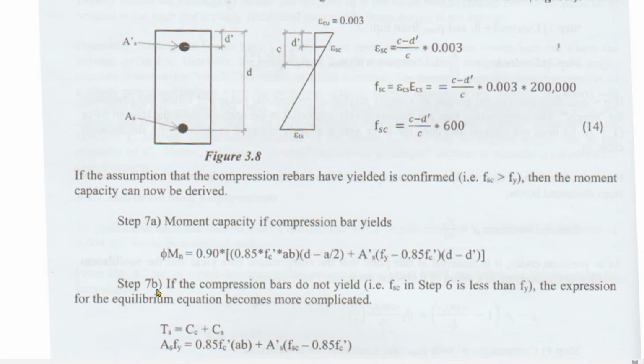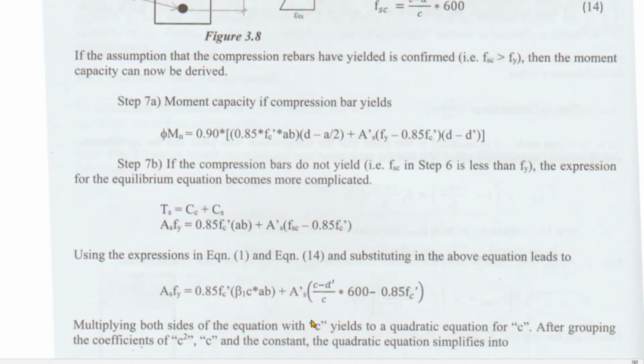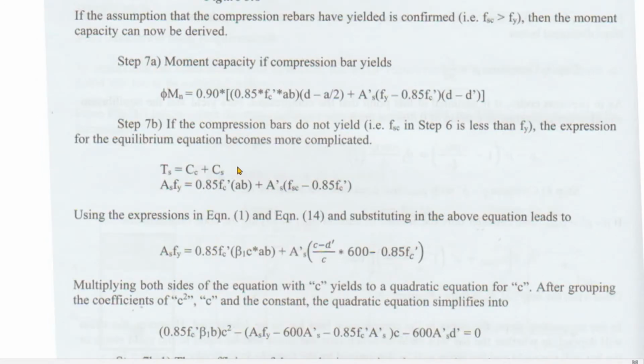And then step 7b, if the compression bars do not yield, as in step 6 is less than Fy, the expression for the equilibrium equation becomes more complicated. So, dito ka na ngayon gagamit ng quadratic equation. Okay, so 7b, hindi nag-yield, that is less than Fy.